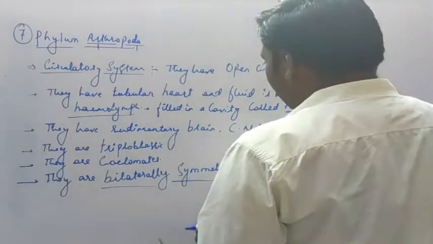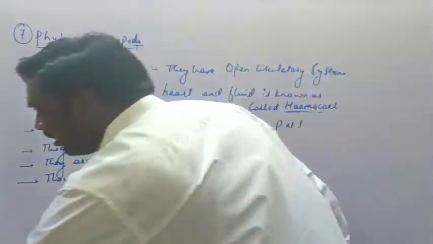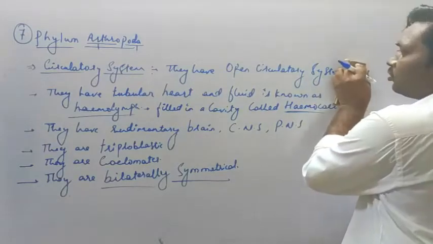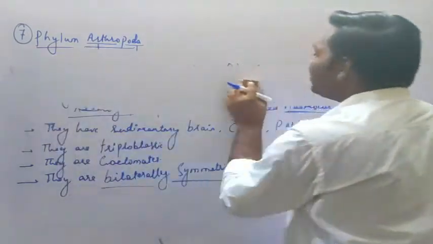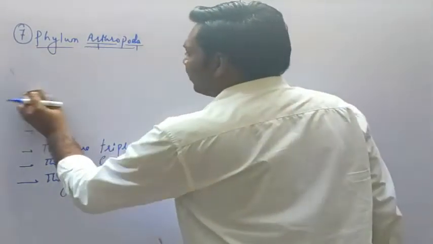The next, let's discuss some more general features. The next general feature is about the reproductive system.